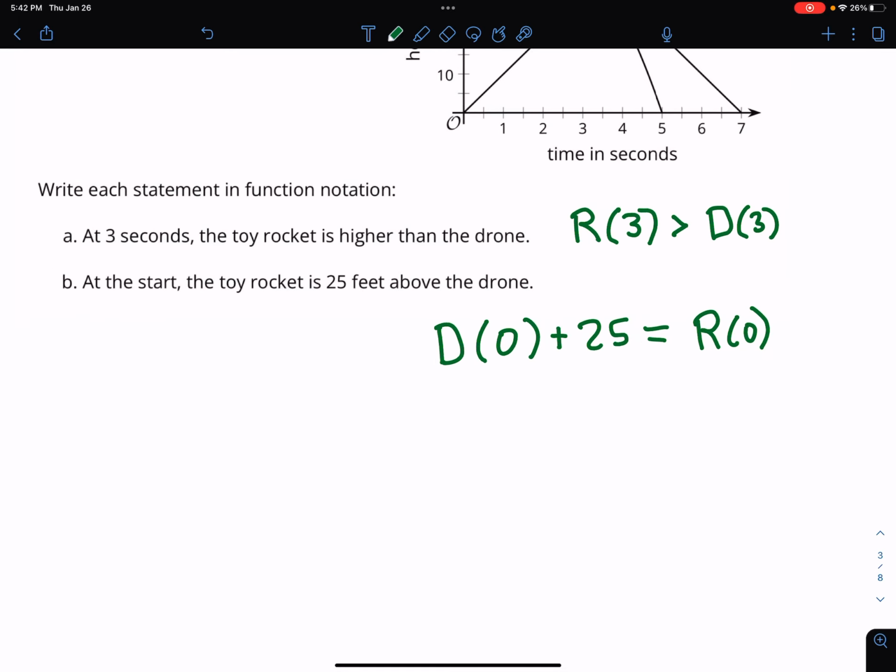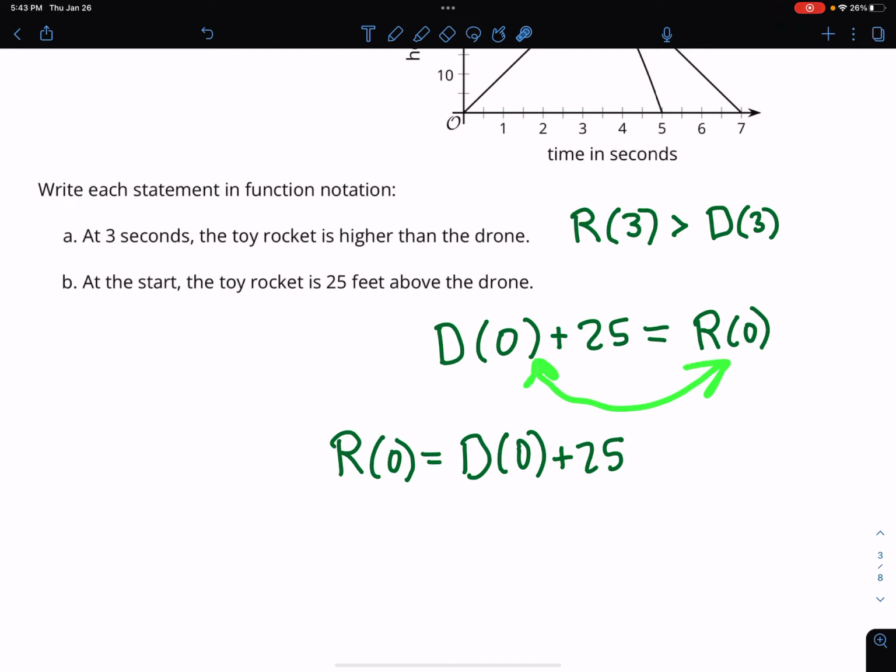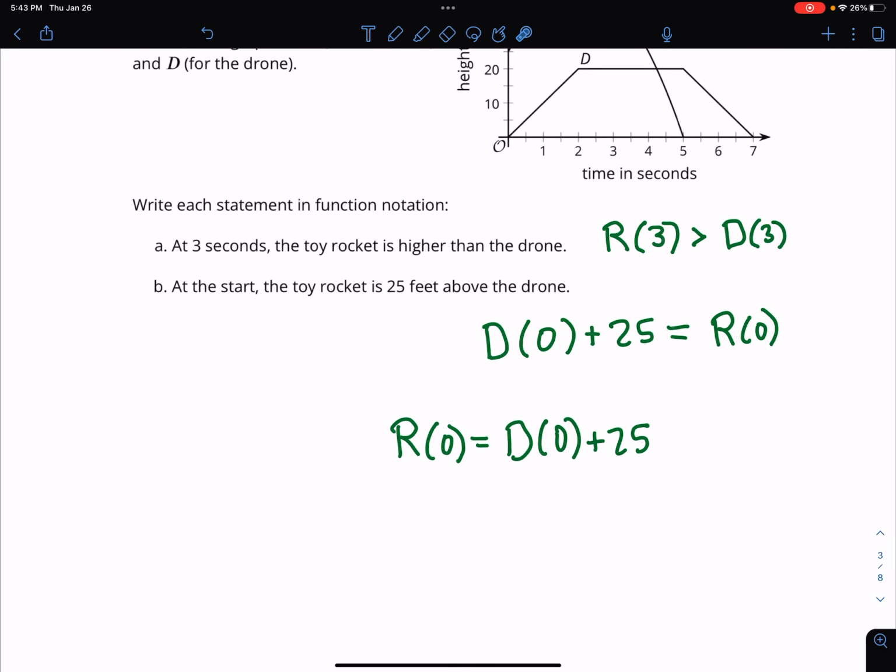You could also say that the rocket as a function of 0 seconds equals the height of the drone as a function of 0 seconds plus 25. Both of those are equivalent statements. We've just sort of rotated them, but they're both saying that D of 0 plus 25 equals R of 0. And that's what we're looking for right there.